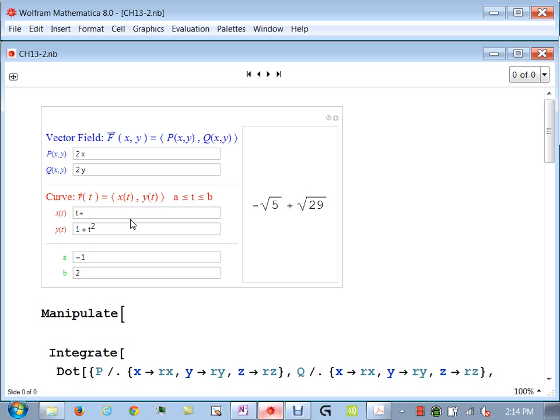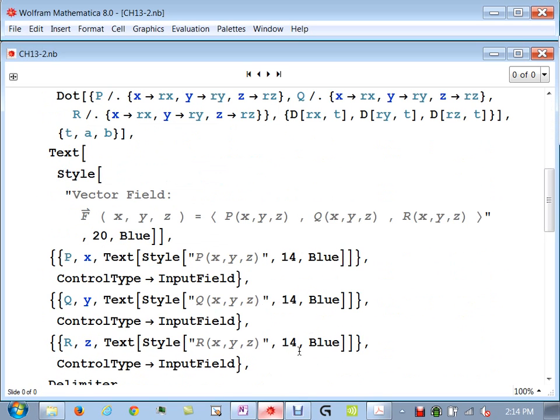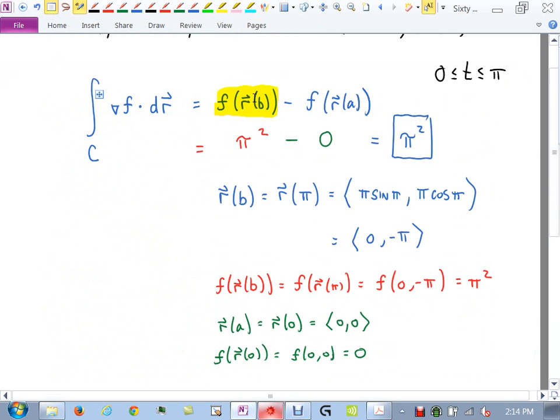It was cosine t, 2 sine t, and t cosine t, and t went from 0 to pi, right? My answer better be pi squared. It is. Okay? Good thing it was.